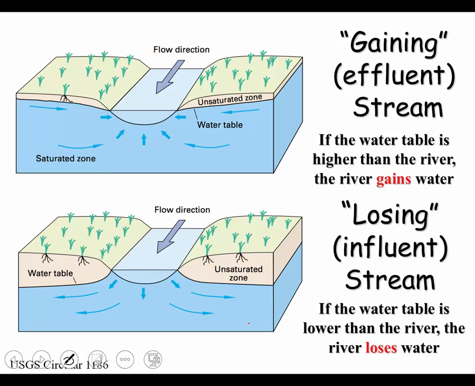So water table by definition can't be above the surface. On the other hand, the piezometric surface or potentiometric surface of a confined aquifer could be above, and we'll mention that later. Does that answer your question, or did you have something else in mind?